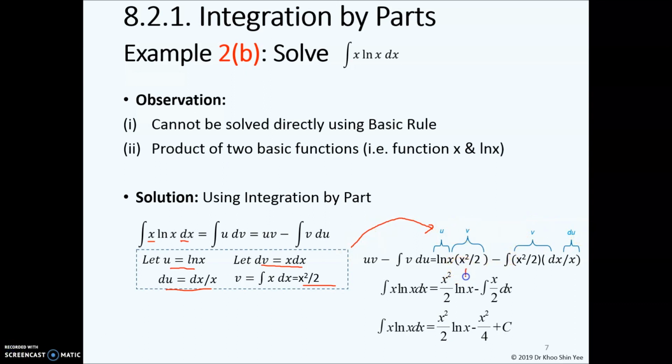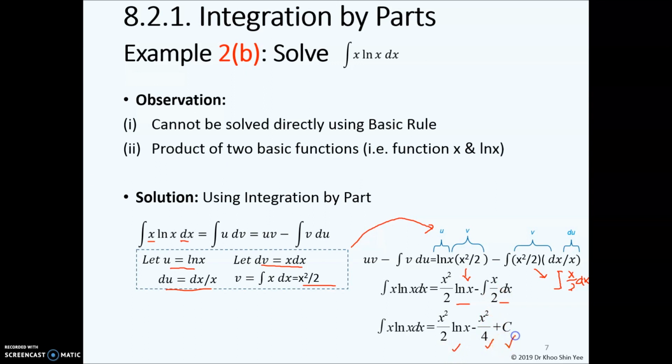For this part, okay, we can rearrange to this answer and integrate x squared over 2 divided by x. Here we get integrate x over 2 dx, right, which is this answer. And then integrate this, we get x squared over 2, okay, 2 multiplied by 2 at the bottom, therefore we get this answer.